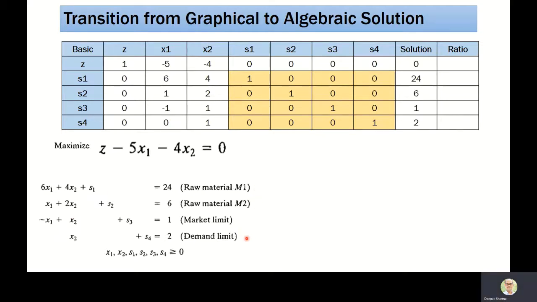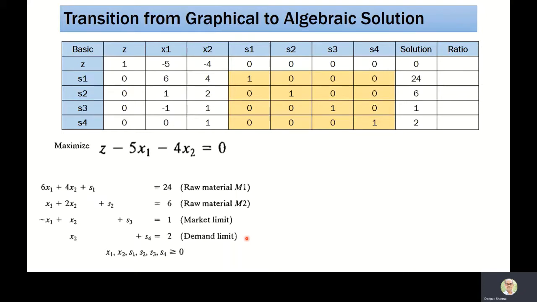Now the question is, for the given problem, we know there are 4 equations and 6 variables, meaning that we are going to have 4 basic variables and n minus m, which is 2, non-basic variables.